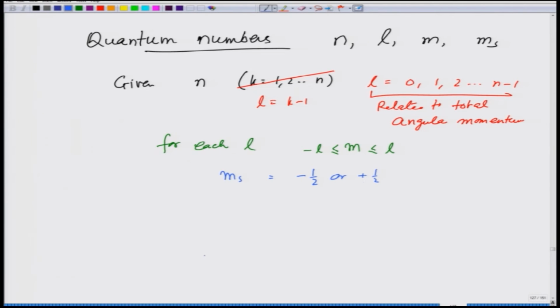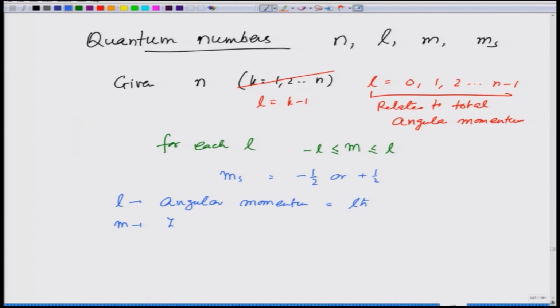Let us see what it means. So, L means the angular momentum is L h cross, that is the magnitude.